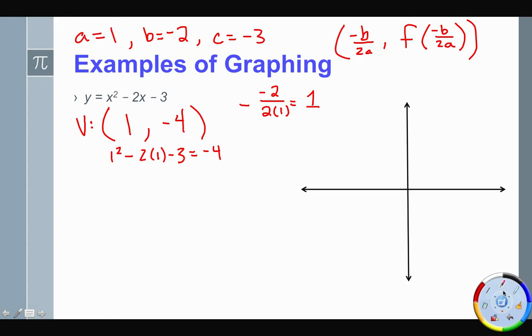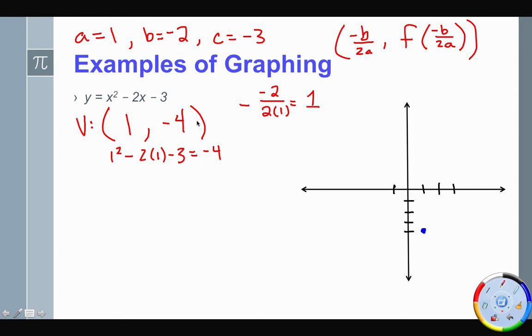All right, so let's put some things on our graph. So we need to go to positive 1, and we need to go all the way down to negative 4. All right, so plotting our vertex, it's 1, negative 4, so we're right here. And then we need to do the same thing that we did.